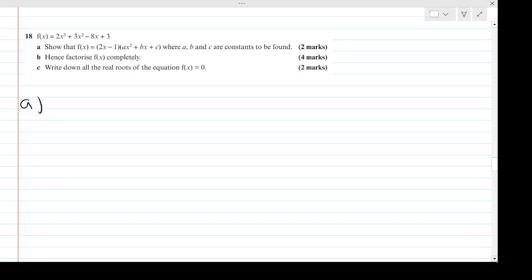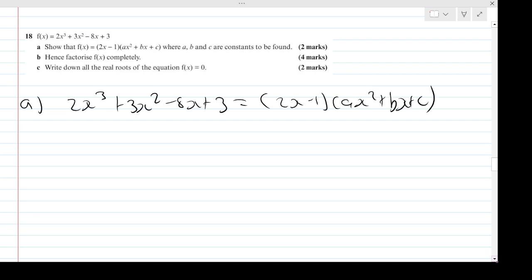Well, this is saying that if we substitute f of x in here, 2x cubed plus 3x squared minus 8x plus 3, it's 2x minus 1 of ax squared plus bx plus c. Now you could perhaps expand the brackets and then compare coefficients.